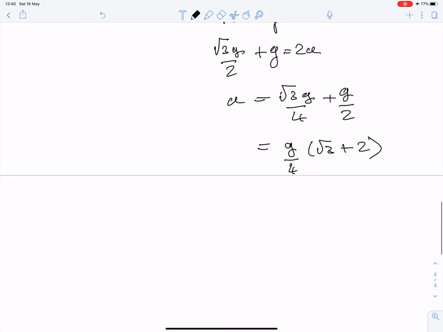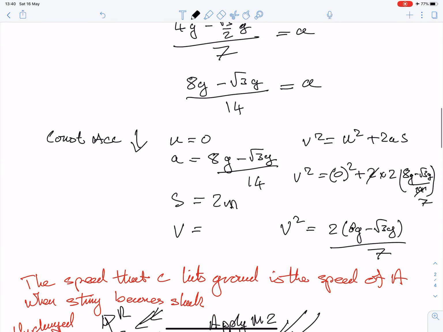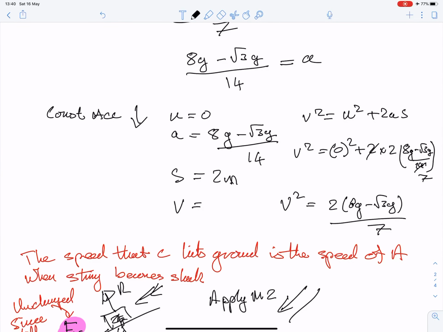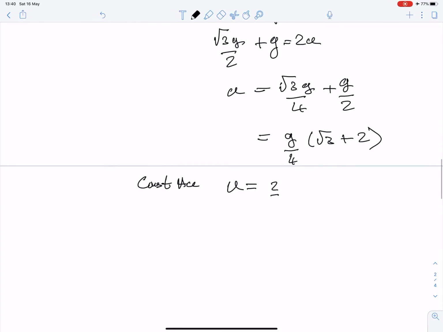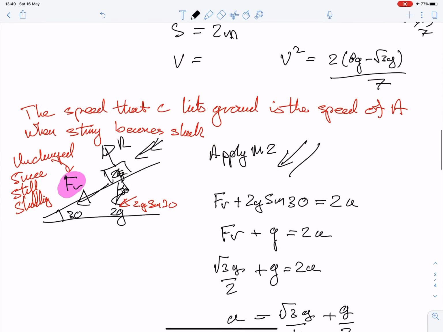Friction is unchanged, so we've still got root 3 g over 2 from here. So root 3 g over 2 plus g equals 2a.